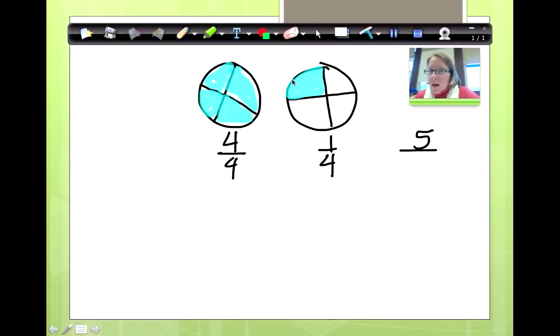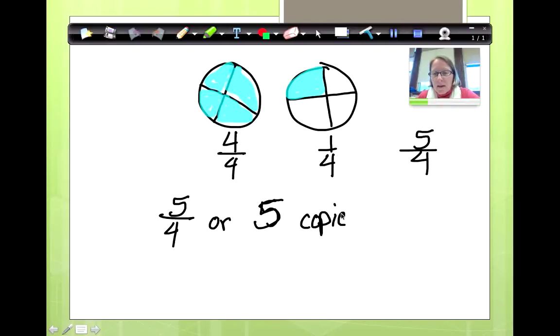And they were all cut into quarters or fourths, so I ate 5 fourths. 1, 2, 3, 4, 5. That's right. So I can write 5 fourths, or here's another way that I can write it. 5 copies of 1/4. I ate 5 of them. Okay?